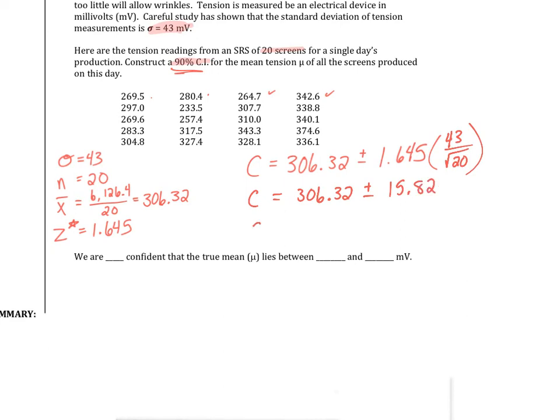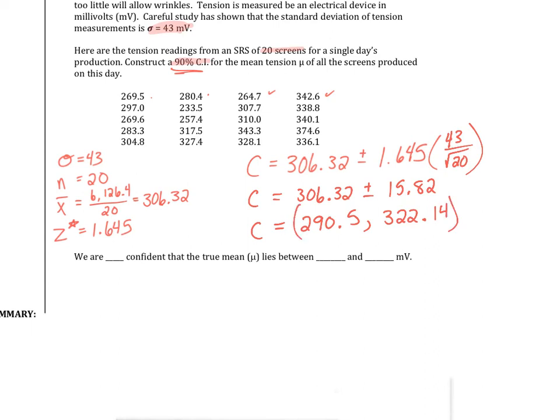So the confidence interval is what you get when you subtract 15.82 from 306.32, or when you add 15.82 to 306.32. So we will get 290.5 when you subtract 15.82, and you will get 322.14 when you add it.